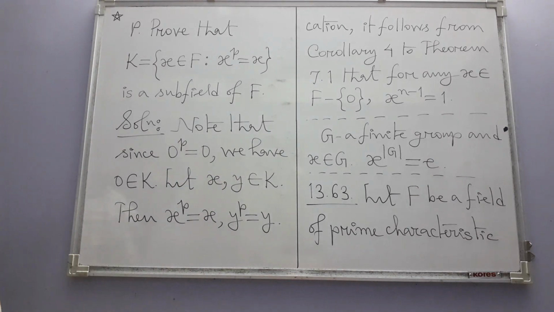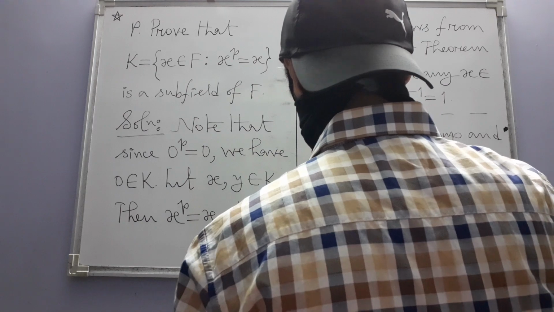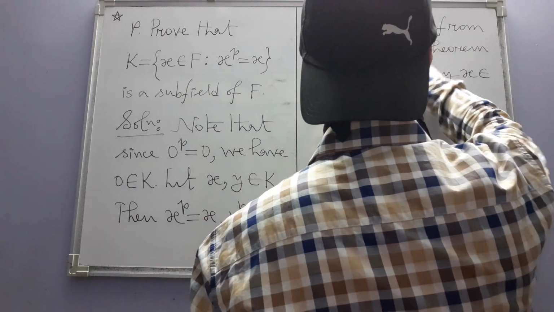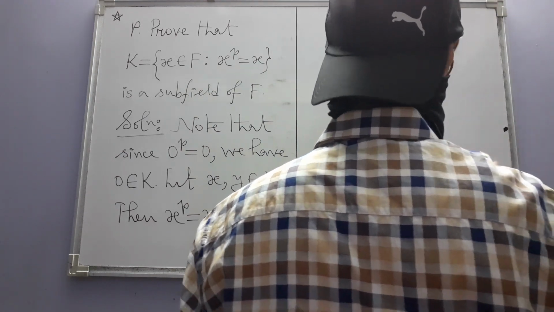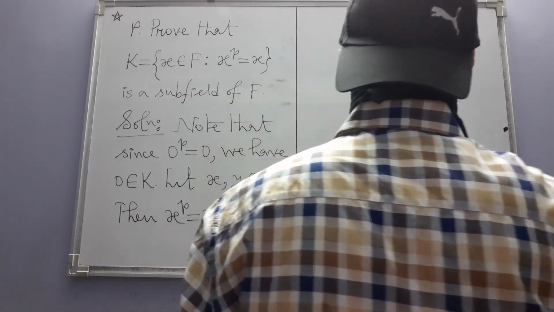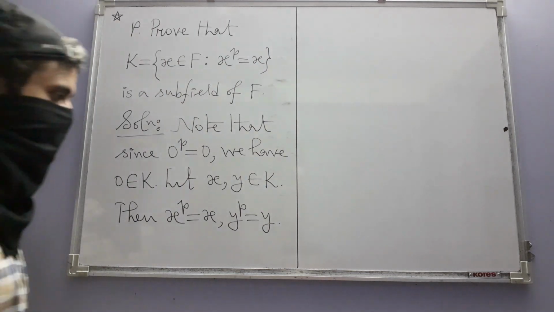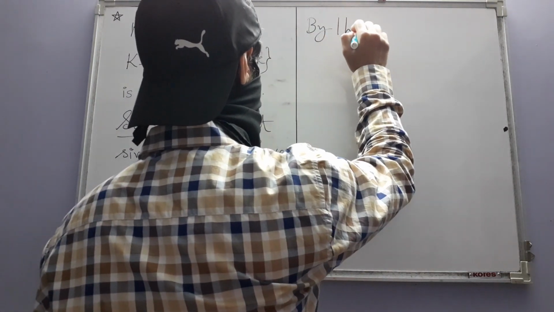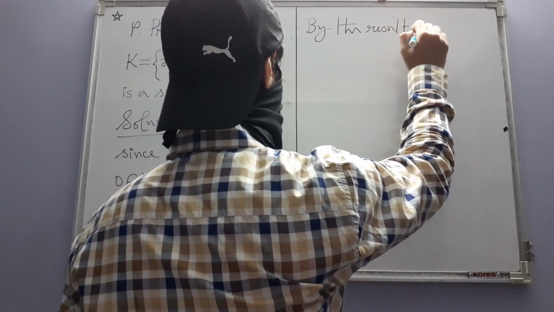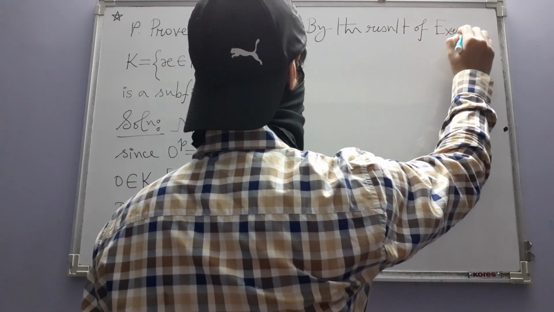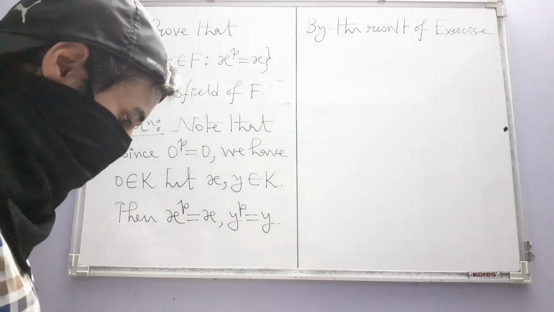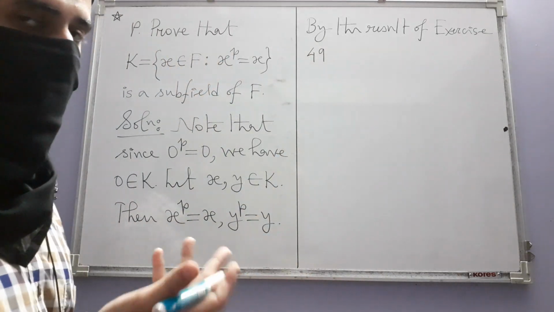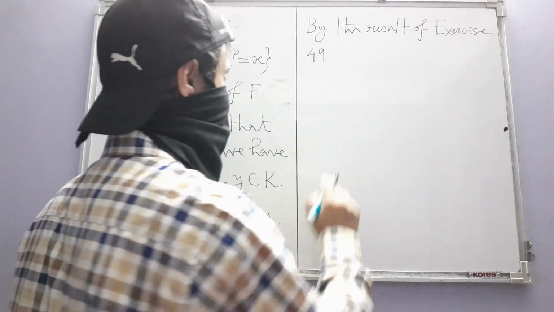That is just coming from the definition of K. Now, by the result of exercise 49, actually part A of 49, but in exercise 49 you have what we are now going to use.